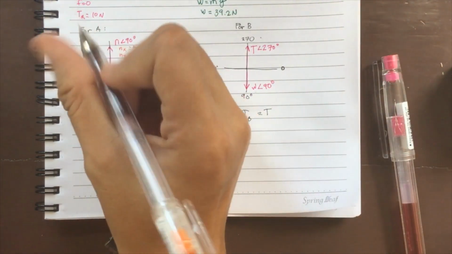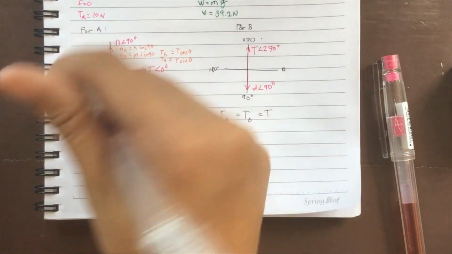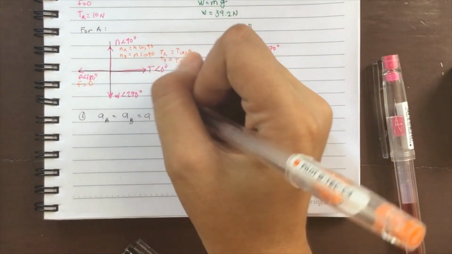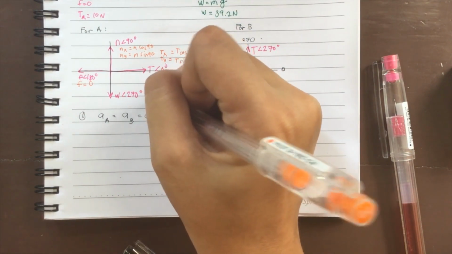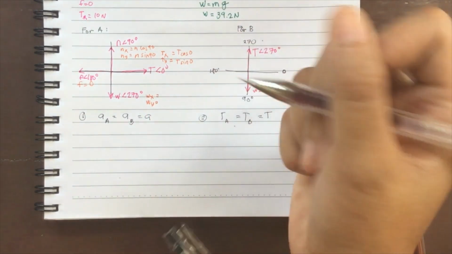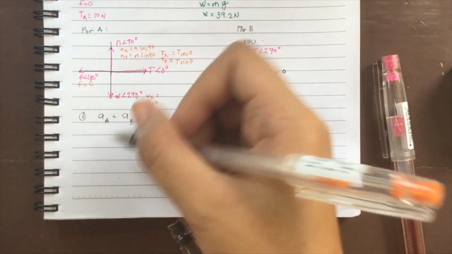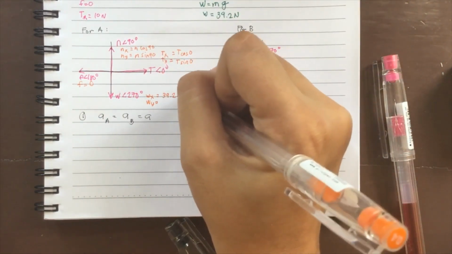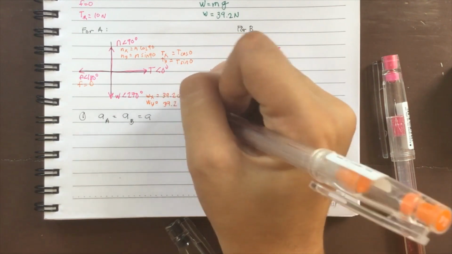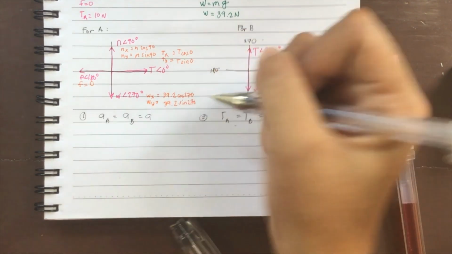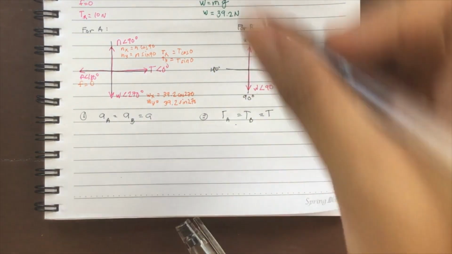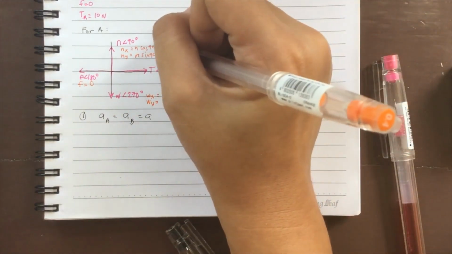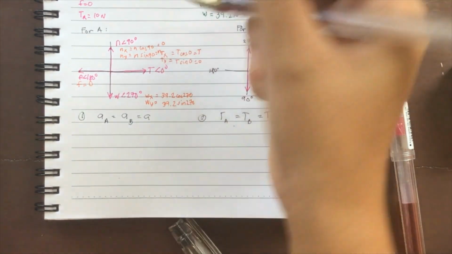So we will no longer consider friction because friction is equivalent to 0 from the word frictionless. Okay, you also have Wx and then Wy. So W, or weight of the block A, is 39.2. 39.2 cosine 270, then 39.2 sine 270. So using your calculator, you will now have T, 0, 0, N.